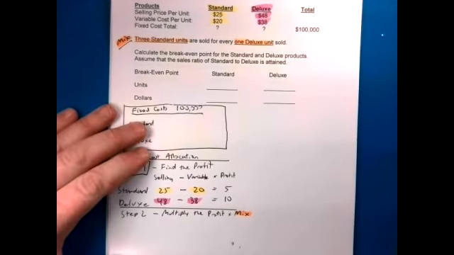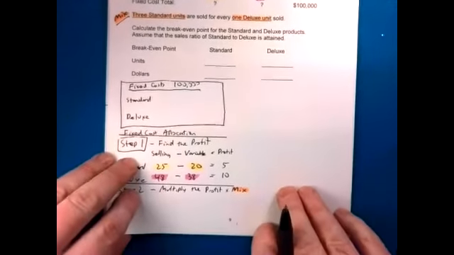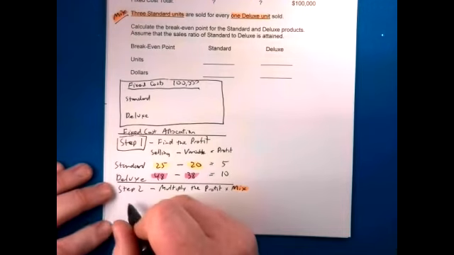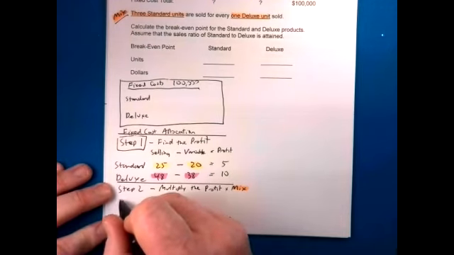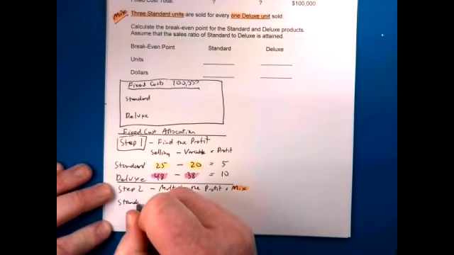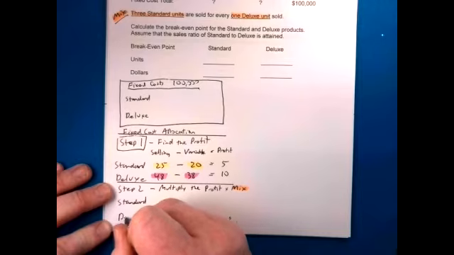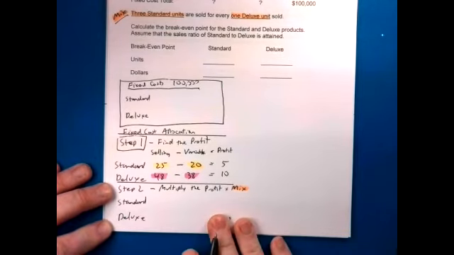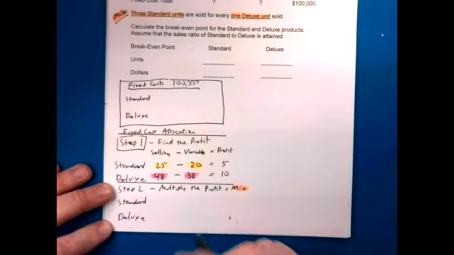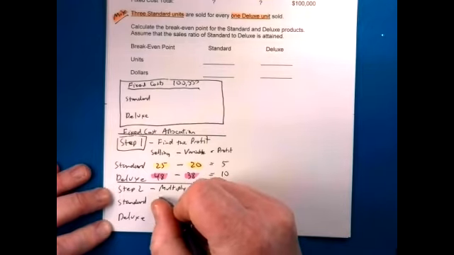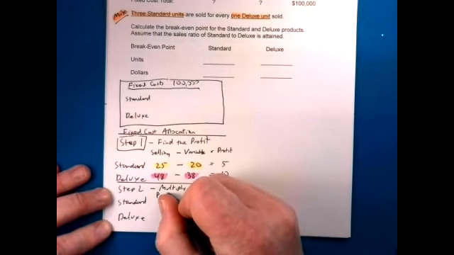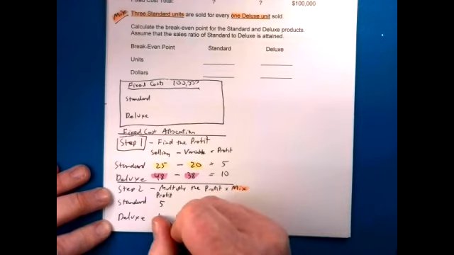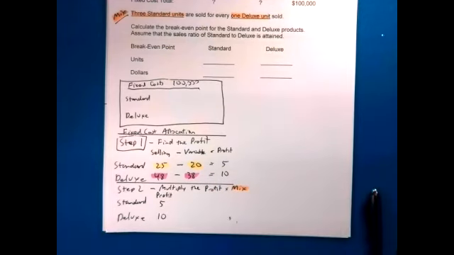So we have standard and deluxe. We have the profit of 5 and 10, and I should probably mark those.